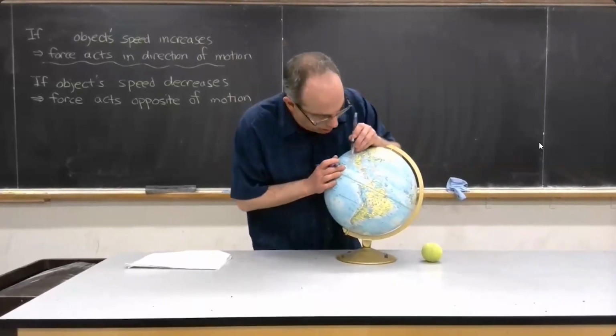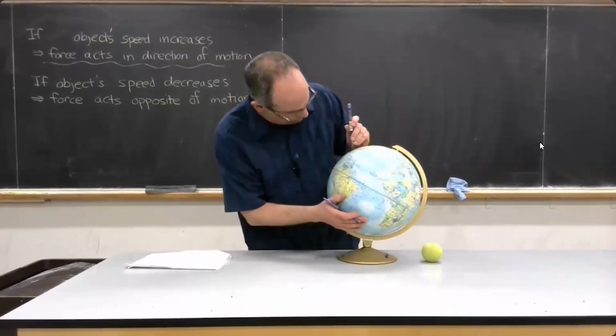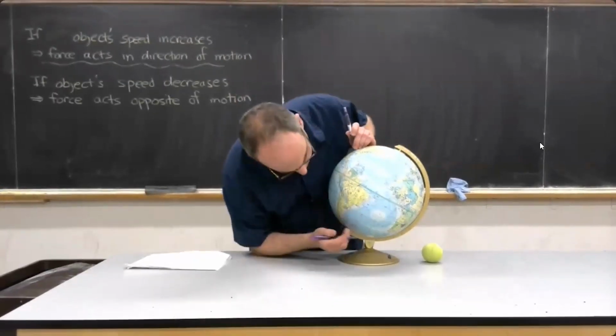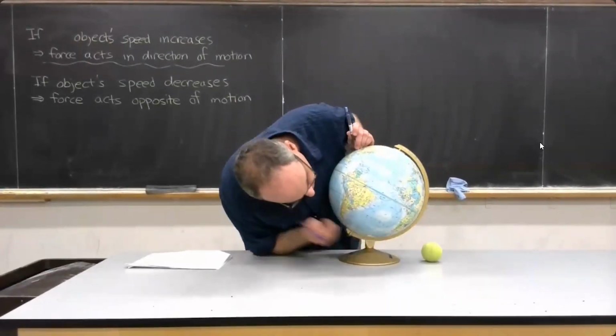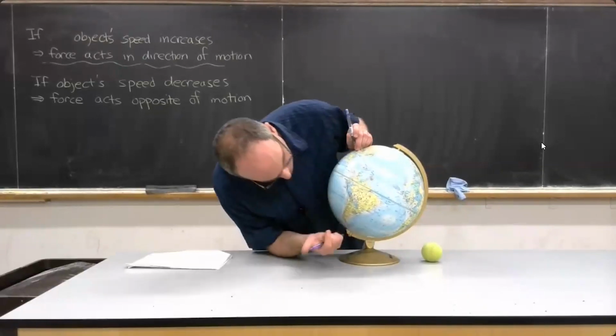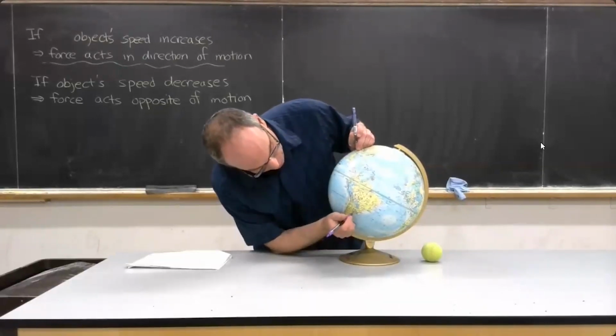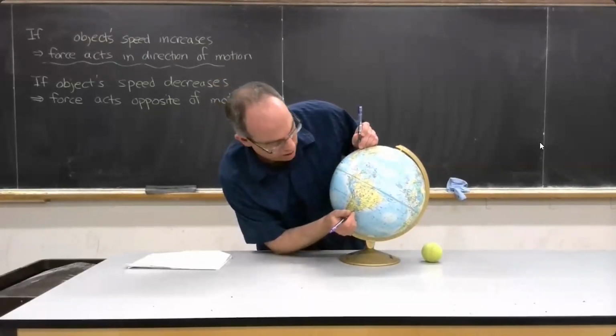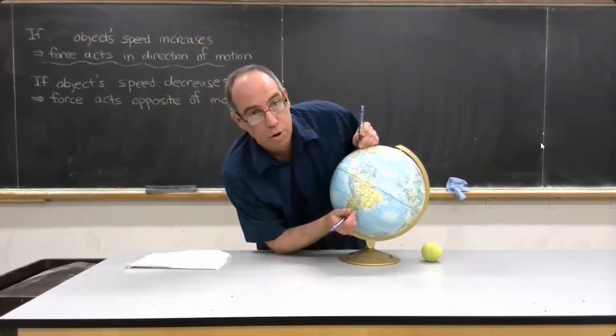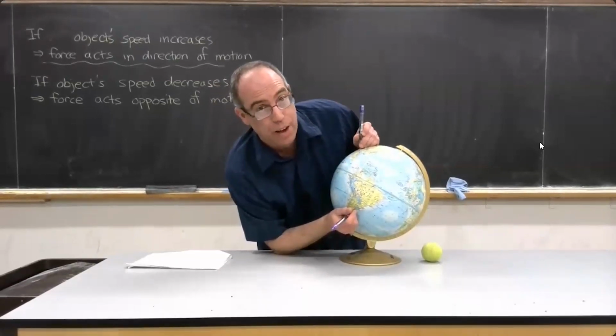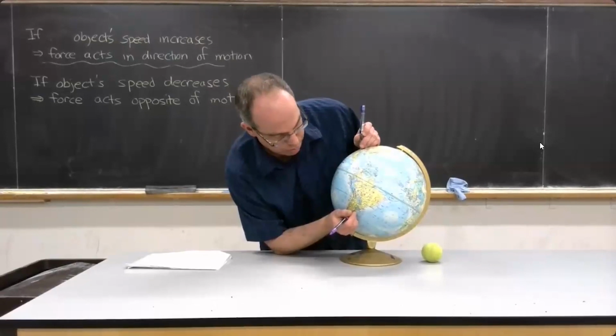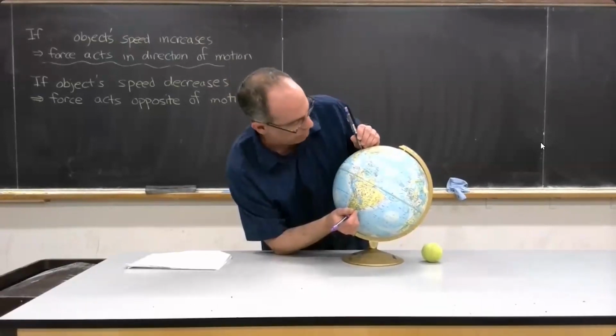Now, I have also been at some point in my life to Buenos Aires. And I hope you can see Buenos Aires down there. And I remember in Buenos Aires dropping an object. And when I dropped that object, it moved towards the ground, getting faster as it moved towards the ground, which means there was a force in that direction, right?